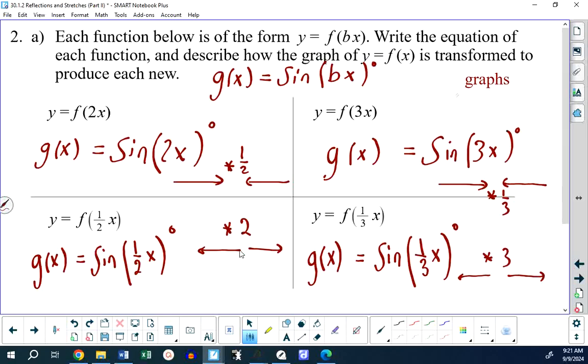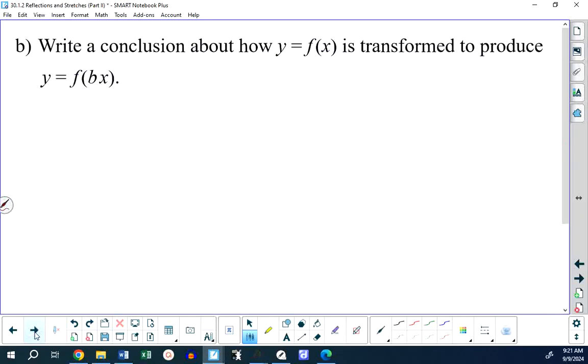And as much as I said in the very first day when we were talking about h and k, some of you were going to stumble. There's going to be a lot more stumbling here with this b thing. Okay? There will be. Write a conclusion about how f of x is transformed when we create g of x equals f of bx.